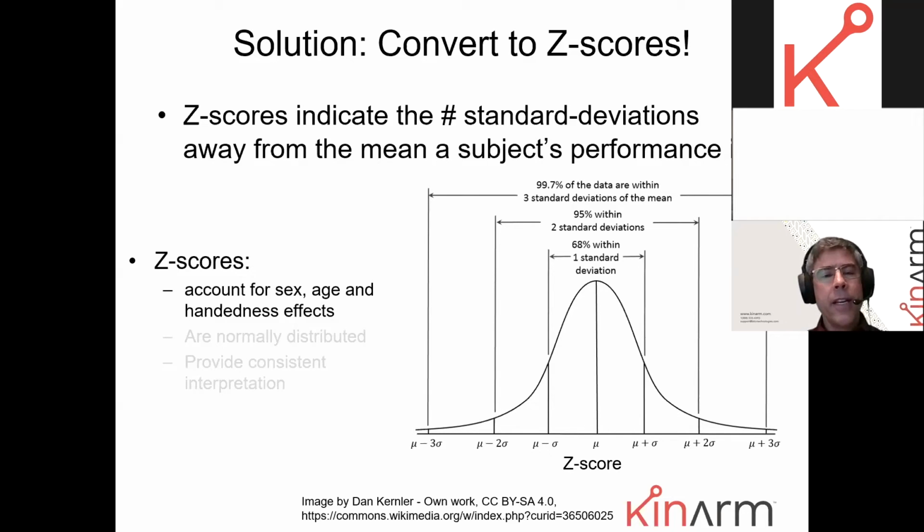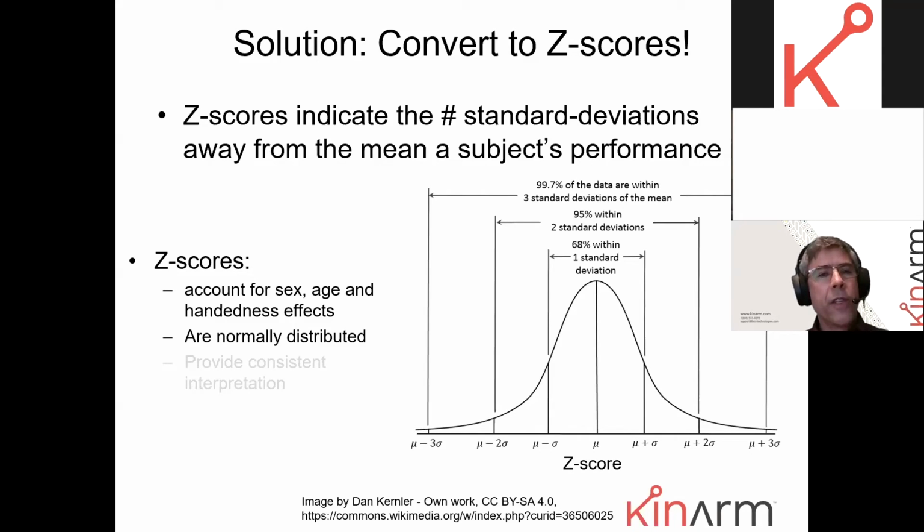If I look at the 80-year-old, they might have a Z-score of, sorry, I got that backwards. The 20-year-old would have a Z-score of +1, the 80-year-old would have a Z-score of -1. And the point being that it's in relation to the mean, and we're accounting for the age effects.